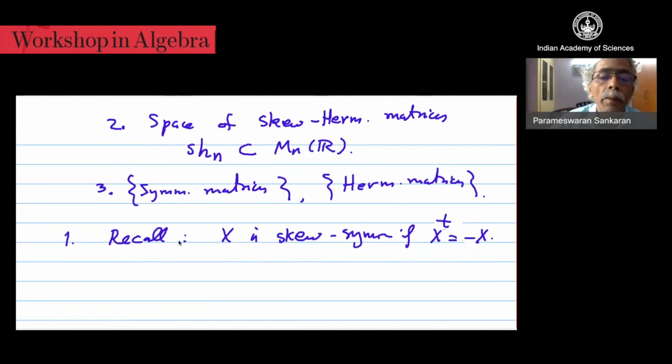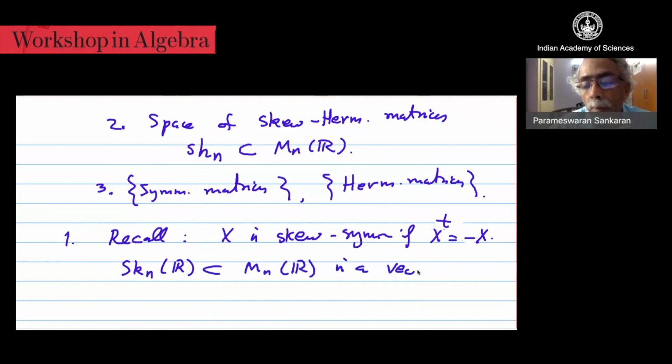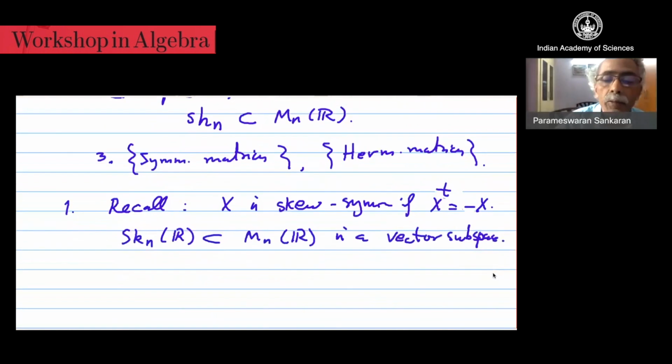And so is it clear that it forms a vector space? So it forms Skn, which is contained in Mn of R as a vector subspace. Because you see, if you take A plus B transpose, that's the same thing as A transpose plus B transpose, and from that it follows this is actually a subspace.